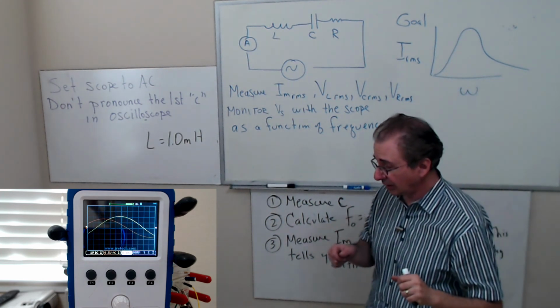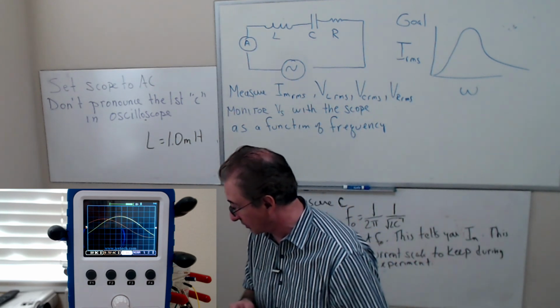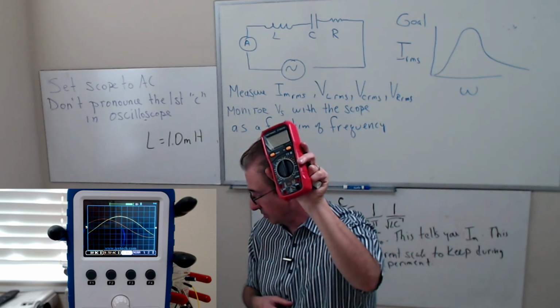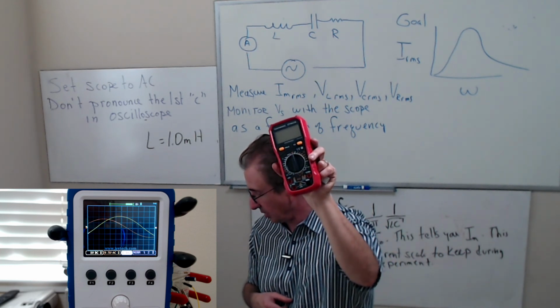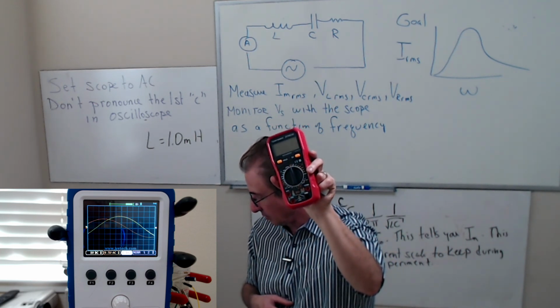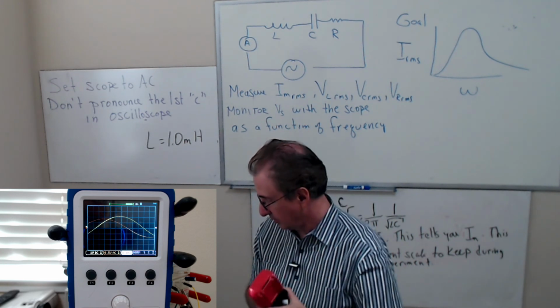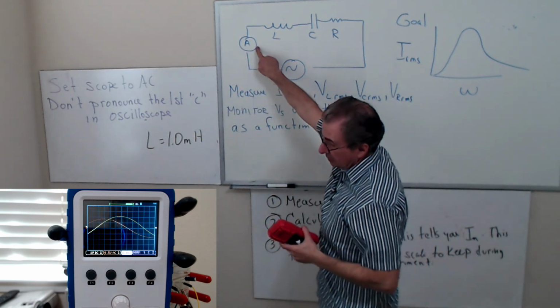That'll give you an idea of the range you should have to set this meter. You want to use the big meter. Okay? This will be measuring current. That's what this one is.